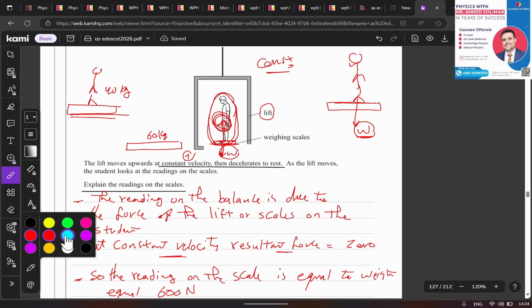Doesn't the lift also exert a force on the weighing scale? From where we have the normal force? From the lift on the person, or from the scale on the person, right? This is why I said we can write reaction force.